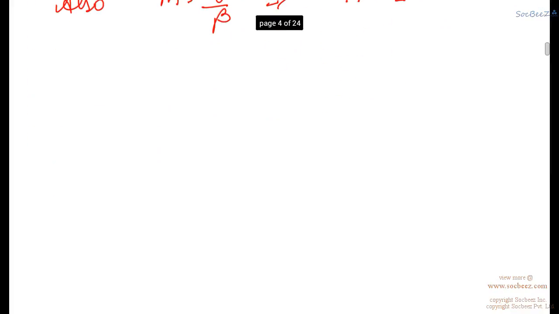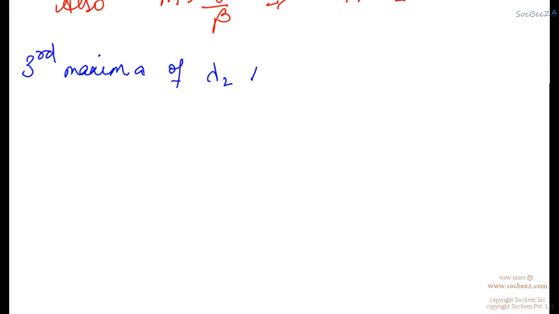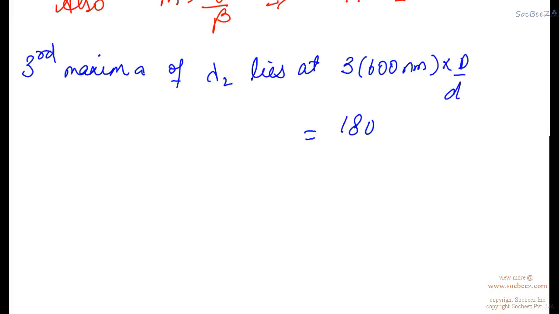Okay, so now here, third maxima of lambda 2 lies at 3 into 600 nanometer into capital D upon small d. So this comes out to be 1800 into capital D upon small d nanometer.